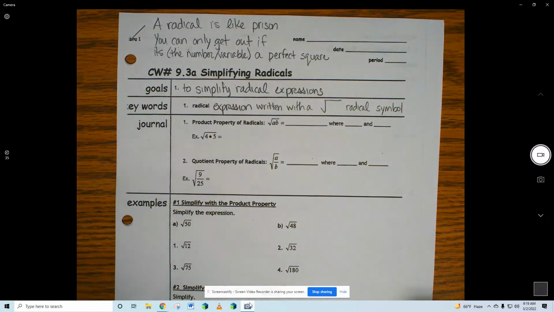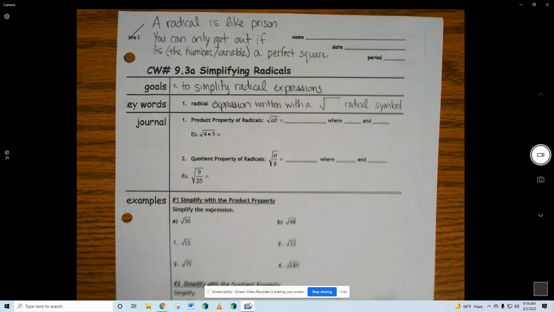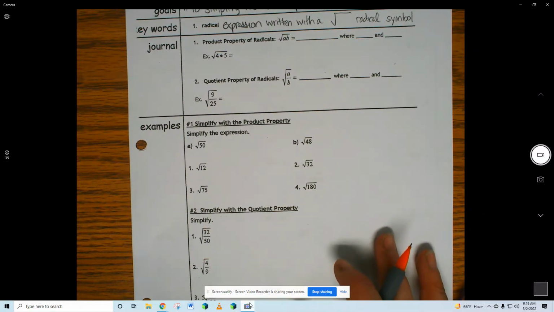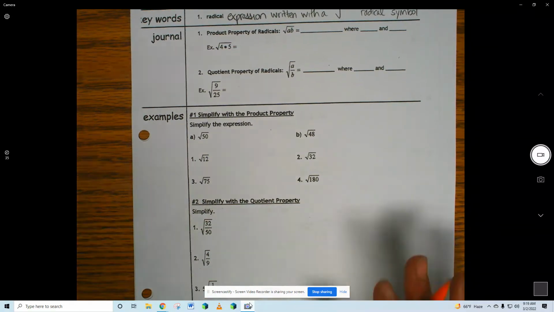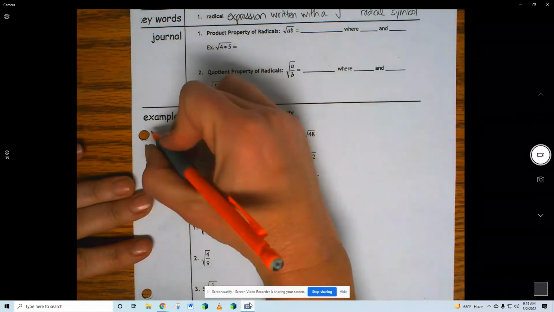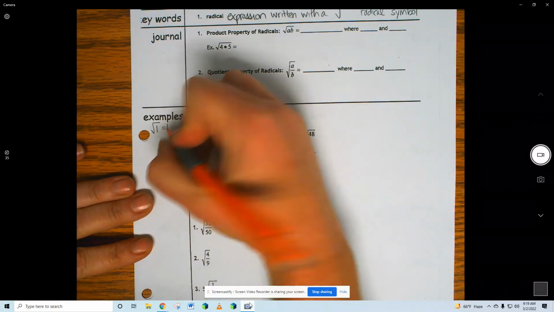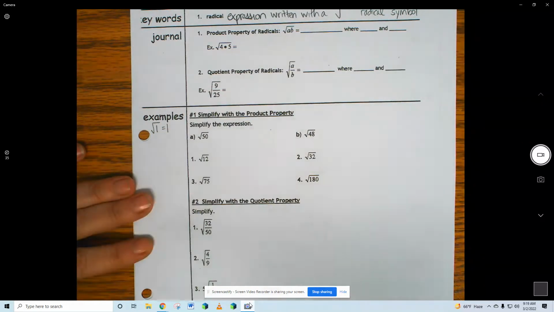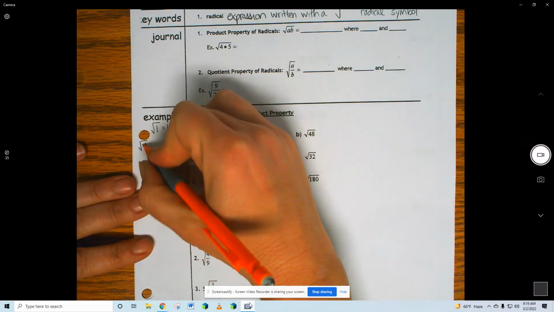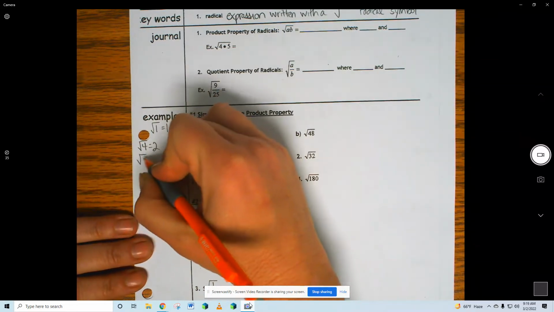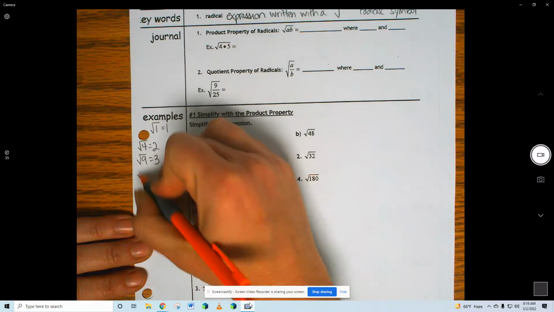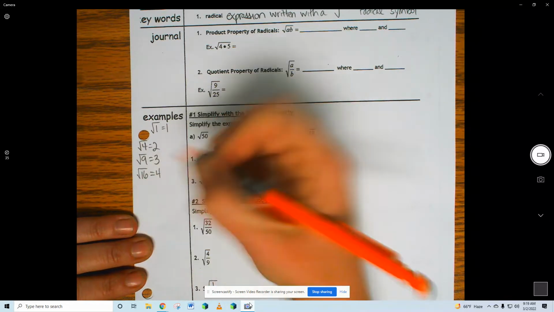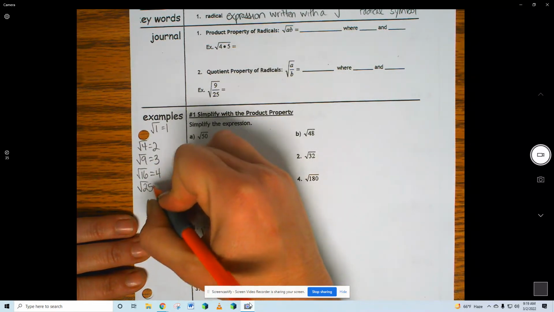Okay, so perfect squares. I had you already write it, but I'm going to write it right now. The square root of 1 is 1, but everyone knows that. The square root of 4 equals 2. The square root of 9 equals 3. The square root of 16 equals 4. The square root of 25 equals 5.